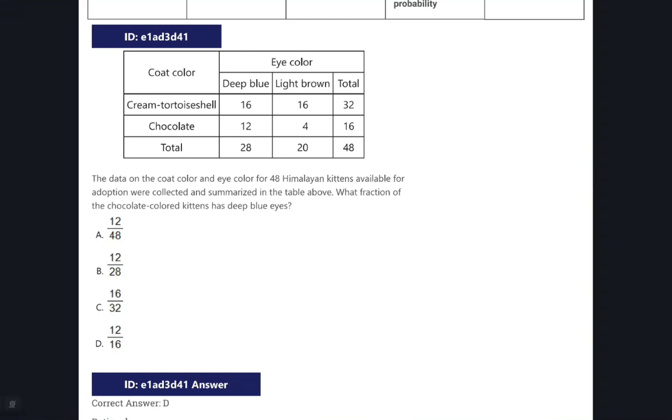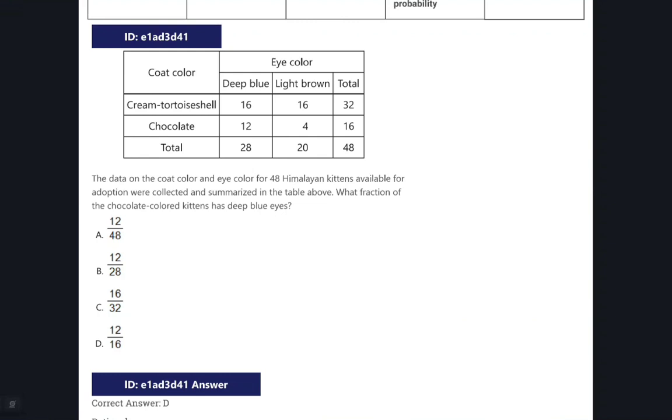Okay, we have a total of 48 kittens, with a coat color and eye color. Some have a coat color of cream, and the others chocolate, and the eye color is deep blue or light brown.